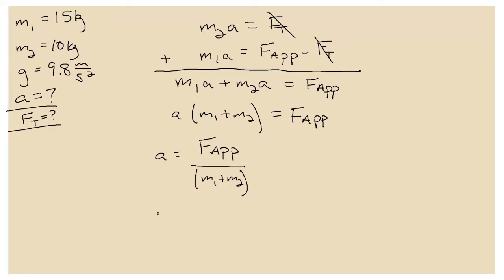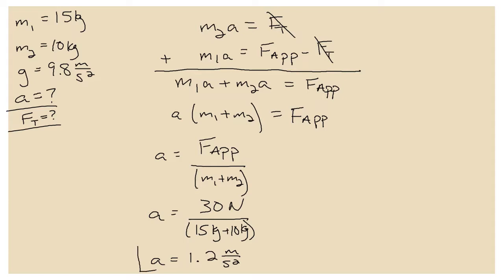So when we plug in these numbers here, we have the applied force, which is 30 newtons, over the sum of the masses, 15 kilograms plus 10 kilograms. And so 15 plus 10 is 25, and 30 over 25 is 1.2 meters per second squared. And that's our acceleration.